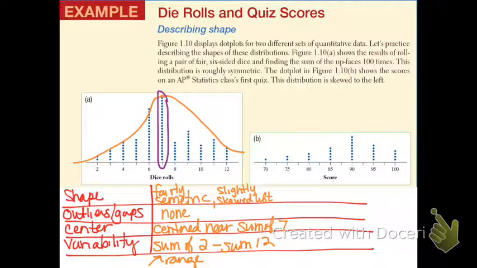And now we'll do the same thing with graph B. And for that one, the shape is still fairly symmetric.